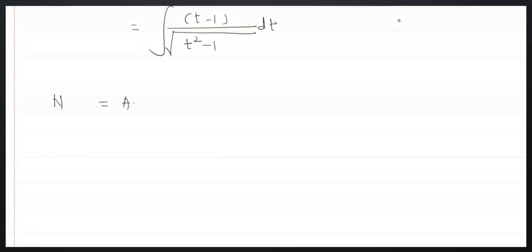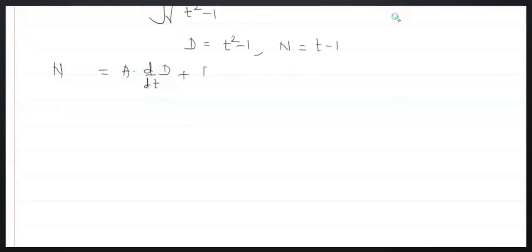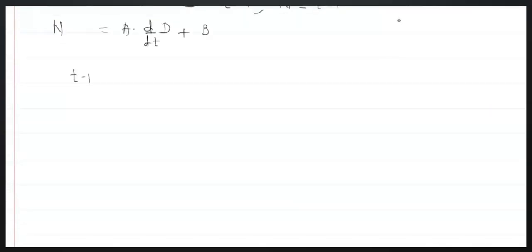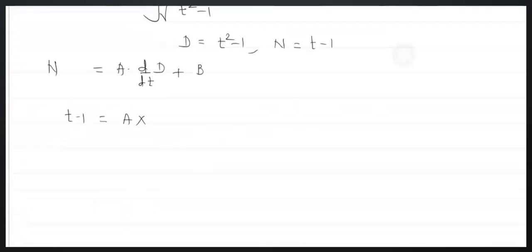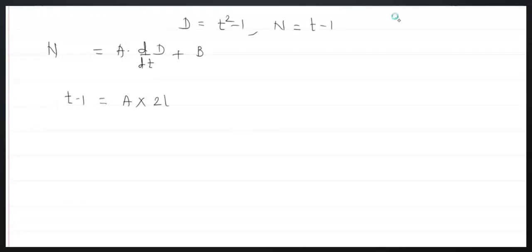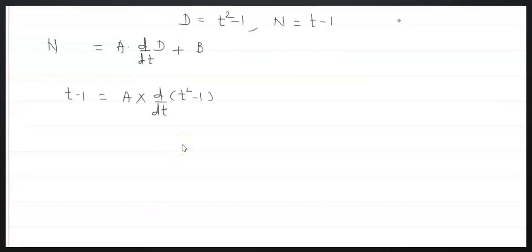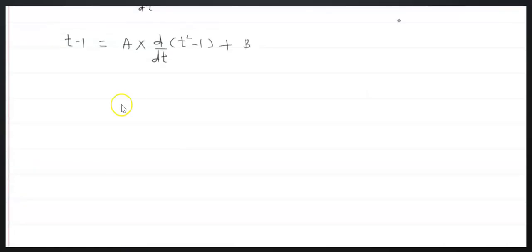Again, numerator is equal to a into the derivative of the denominator plus b. Here the denominator is t square minus 1 and the numerator is t minus 1. Always we define it like this. Therefore, numerator equals a into derivative of the denominator plus b, that is a times 2t, since the derivative of 1 is 0, plus b.